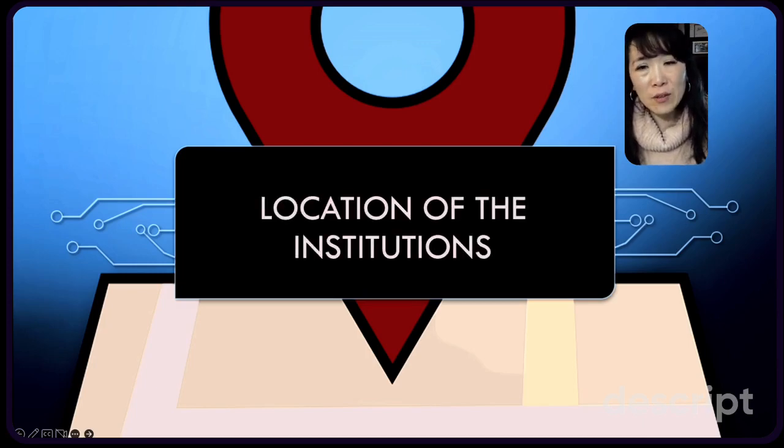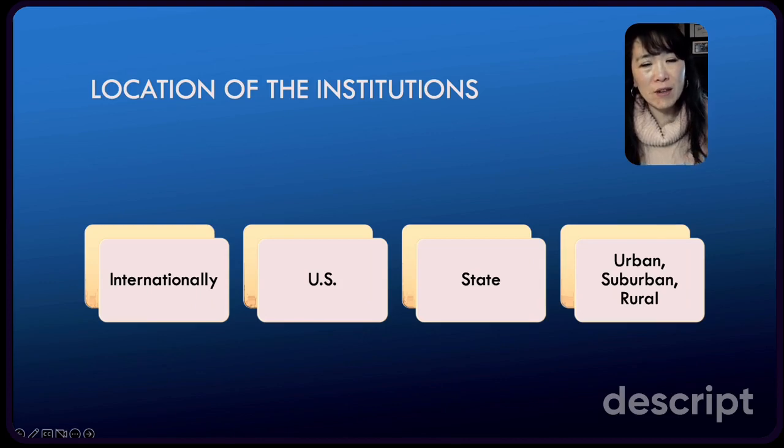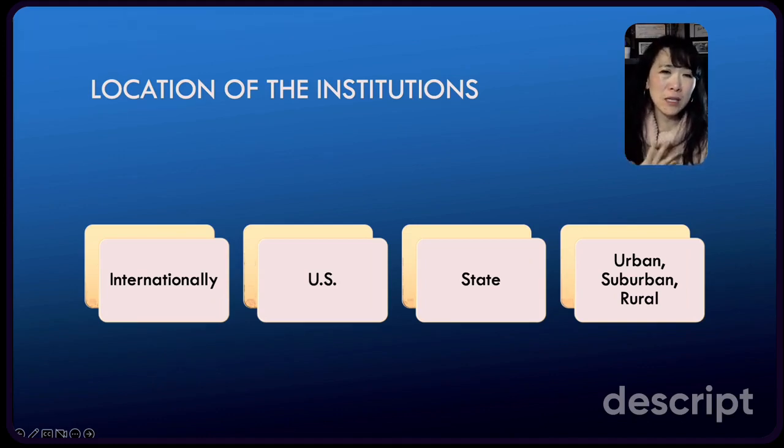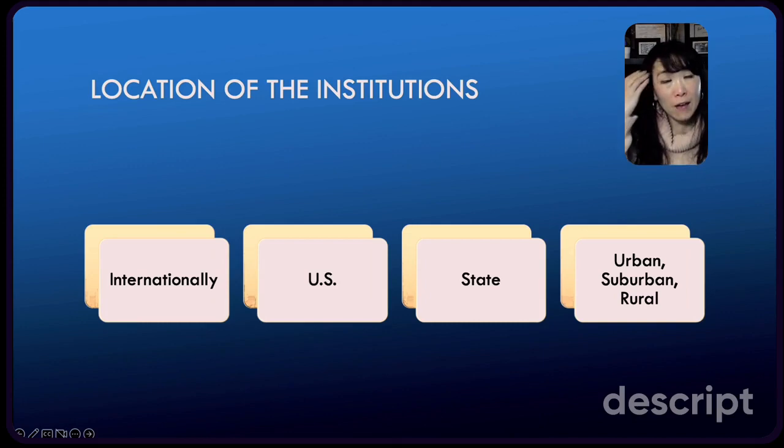So depending on the location, for instance, international, U.S., state, and urban, suburban, and rural, if you are living in an area where there are a lot of organizations and institutions that can give donations and also funding, that also dictates how well the institution is doing. Also, they may have employment programs where they pay for the tuition as well.